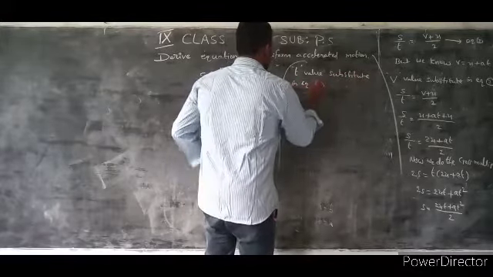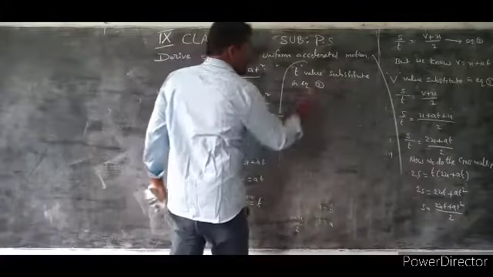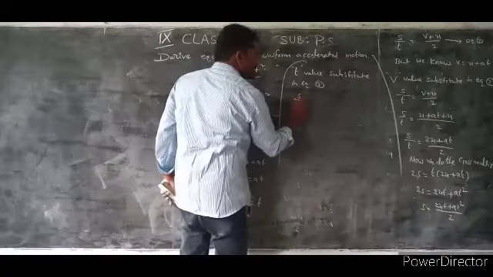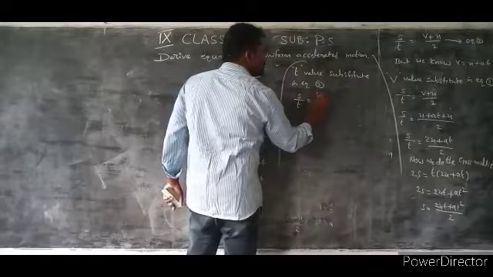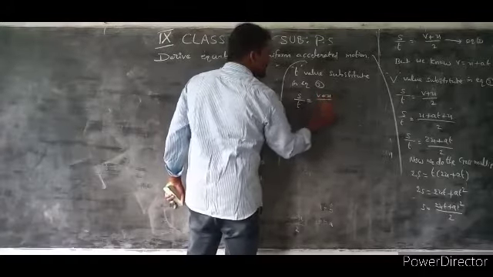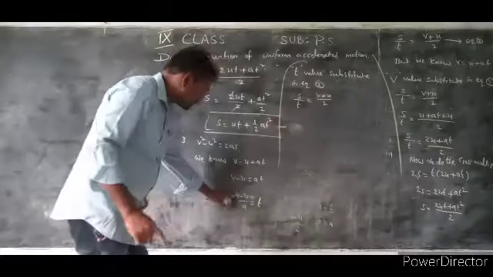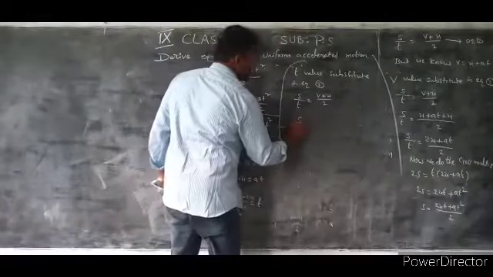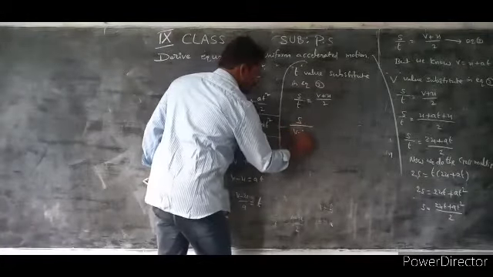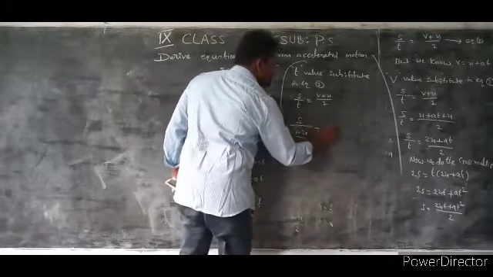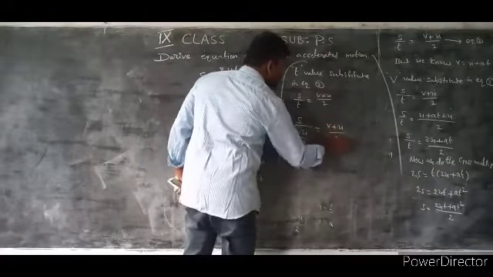So what about equation 3? s by t is equal to v plus u by 2. In the t place, we substitute v minus u by a. Therefore, s by (v minus u by a) is equal to v plus u by 2.